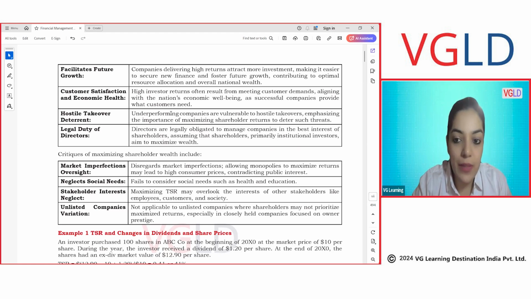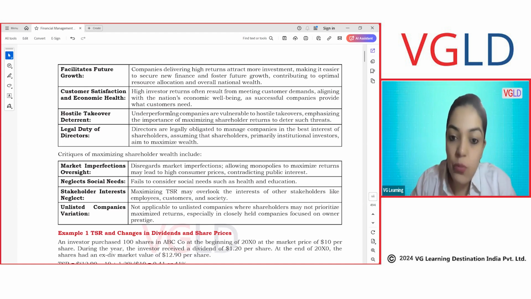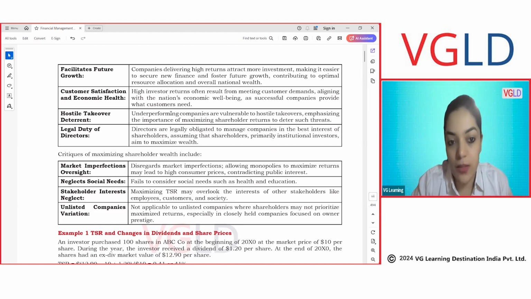So if you're not performing, then you become prey to hostile takeovers, emphasizing the importance of maximizing shareholder returns to deter such threats. Okay, so you have to be successful, otherwise, some other company will come and acquire your company.